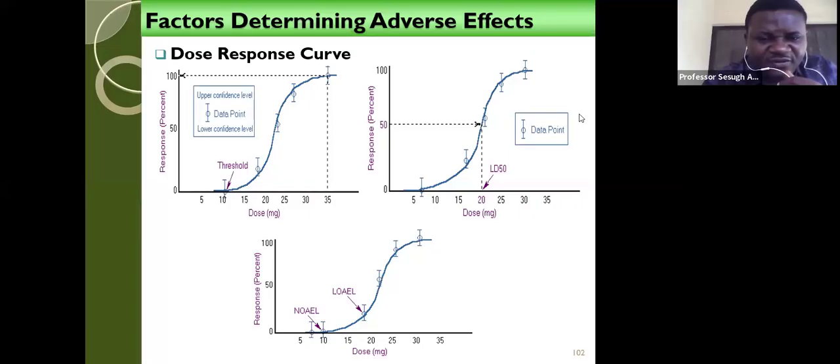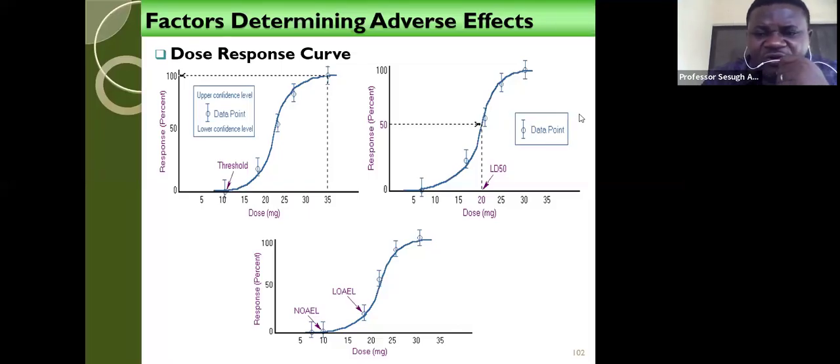So for those of you who can answer, if I ask, just answer so that I'll be convinced. So if you look here, at 10 milligram, there was no observable change. There was no shift at all. It is still flat. There's no observable reaction. So you can see that at 10 milligram, nothing happened. The response is 0. It means nothing happened.